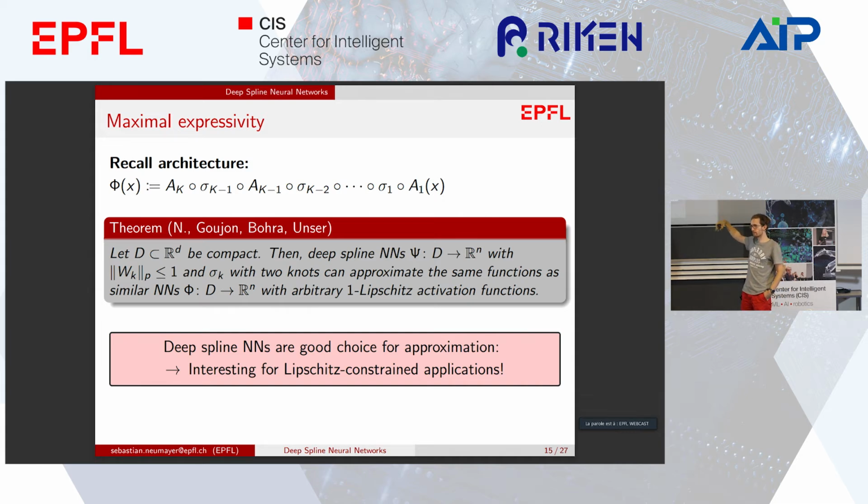There could be something really weird, just going up and down, Lipschitz continuous, nowhere close to such a simple function as a linear spline with just 2 knots.